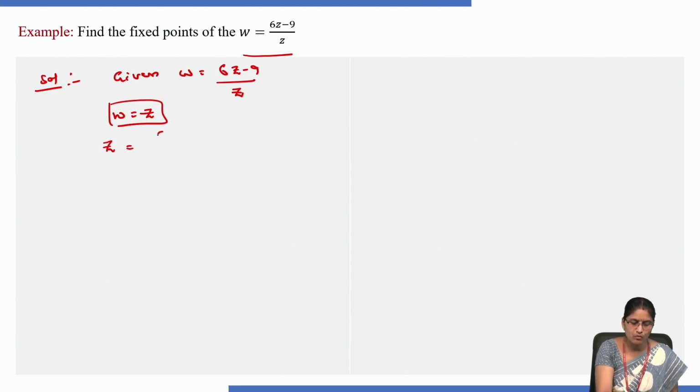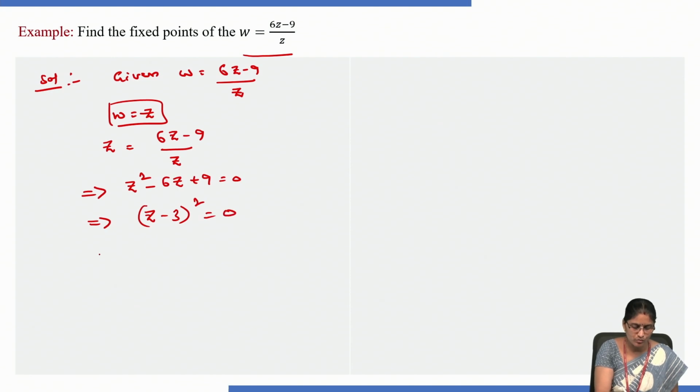Now z is equal to 6z minus 9 by z, which implies z square minus 6z plus 9 is equal to 0. We get (z minus 3) whole square, which is equal to 0. Z is equal to 3, 3.